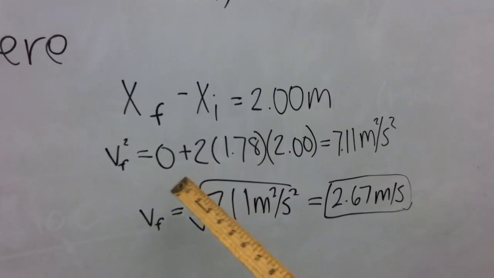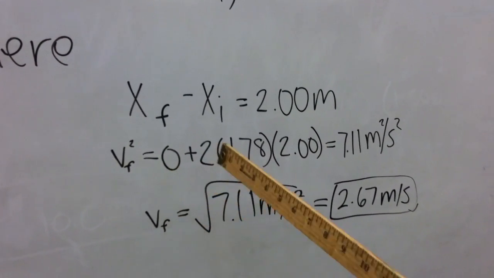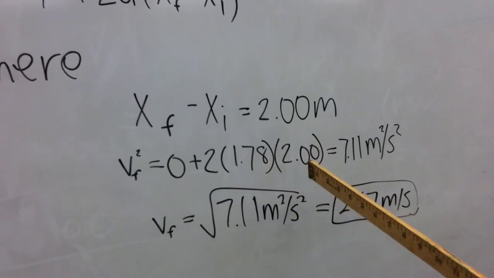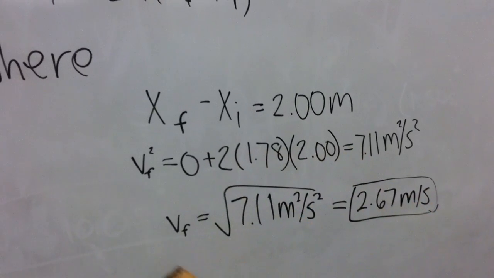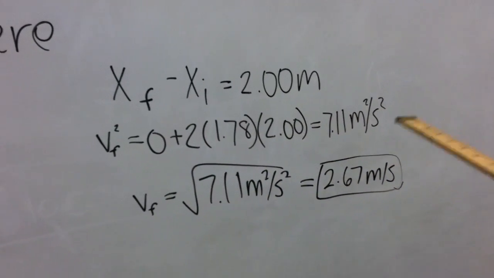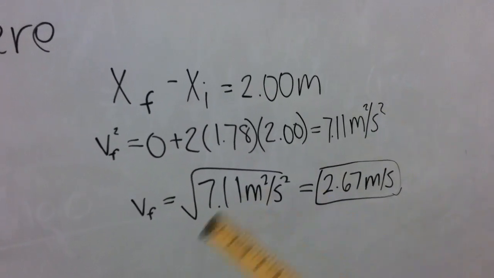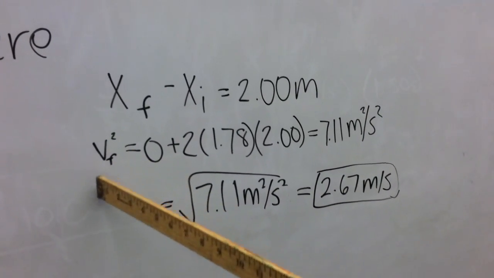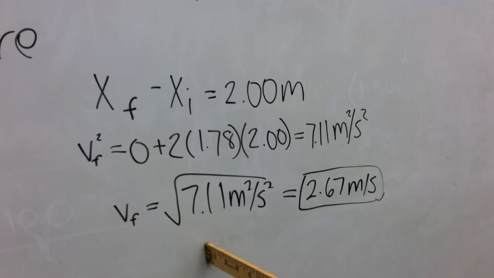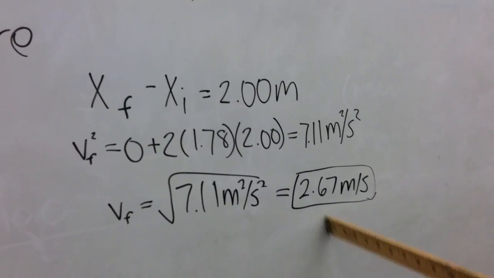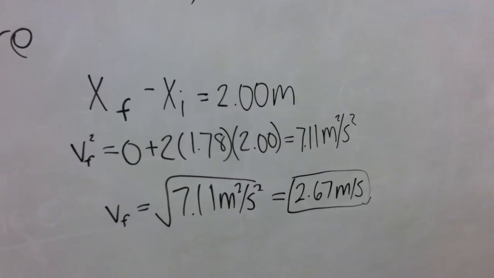Now, with an initial velocity of 0, we can plug in 2 times the acceleration times the delta x, and we find that that is 7.11 meters squared per second squared. Now if we square root that to get v final by itself, we get the square root of 7.11 as 2.67 meters per second, and that is your final velocity.